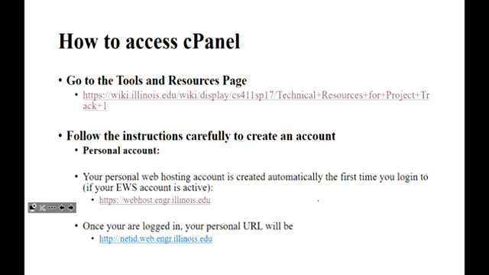It should be active by this week or so. You should be able to access your web pages by using your netid.web.engineering.illinois.edu. You should be able to access the main welcome page.